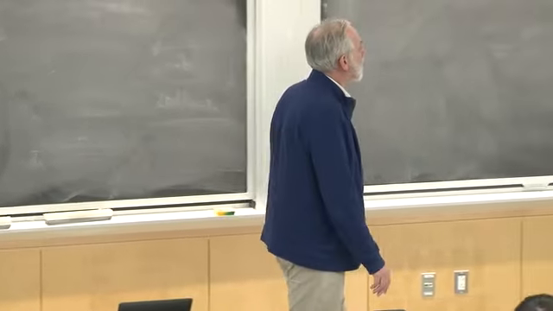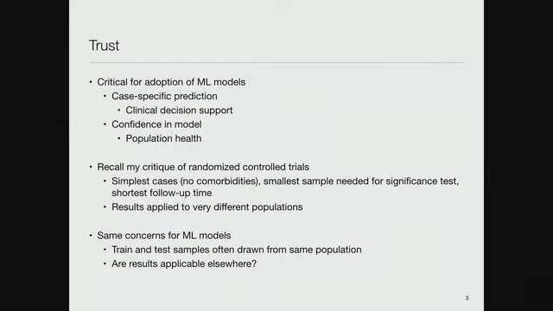So the need for trust, clinical adoption of ML models. There are two approaches in this paper that I'm going to talk about where they say, okay, what you'd like to do is to look at case-specific predictions. So there's a particular patient in a particular state, and you want to understand what the model is saying about that patient.